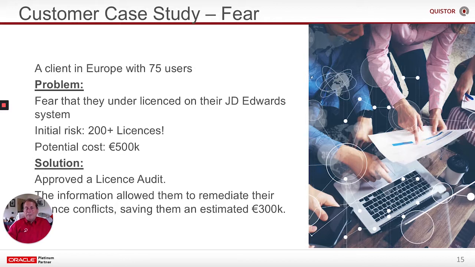They then went to Oracle on the basis that they did need new licensing and managed to strike a deal with Oracle. So they reduced that figure of €500,000 down considerably. Good business, particularly when you consider how much the license audit cost them in comparison.